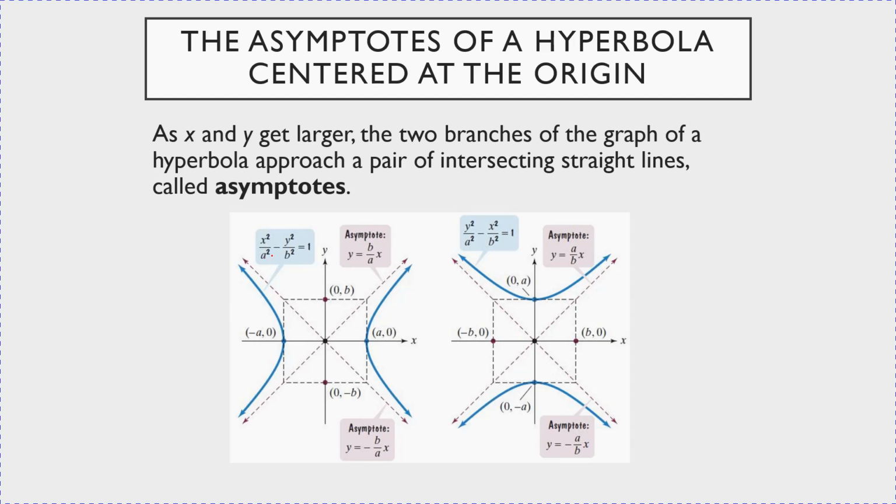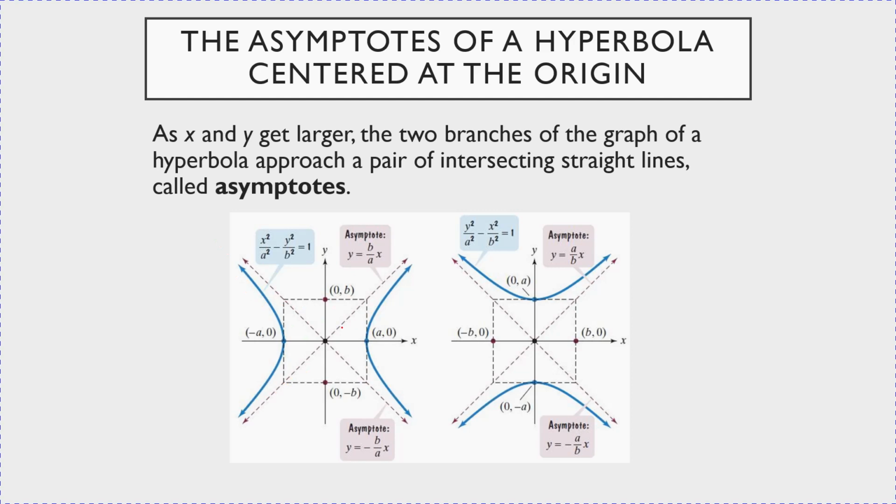Notice your equation contains a and b, and to help you plot this, I've got 4 points plotted here: 0 comma a, 0 comma negative a, and negative b comma 0, b comma 0, to help me form a rectangle here to sketch all this.